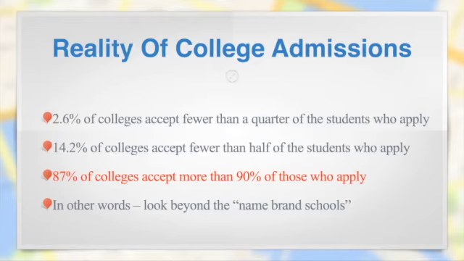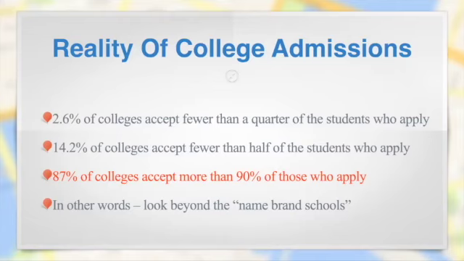I also wanted to point out the reality of college admissions. And the reality is there is a college out there you can get into. A lot of our students focus on the tippity top schools, and many of these schools have a very low admissions rate, and you hear about students not getting in and it's impossible to get into colleges. But the reality is 87% of colleges accept more than 90% of those students who apply.